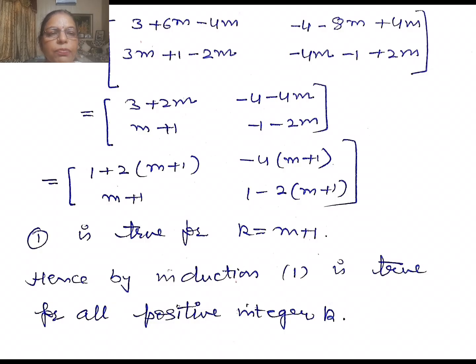Similarly, minus 4 minus 4m can be written, taking out minus 4 common, as minus 4 (1 plus m). And m plus 1, and 1 minus 2m can be written as 1 minus 2 in bracket (m plus 1). So we see the result is true for k plus 1. Hence by the induction method the result is true for all positive integers.